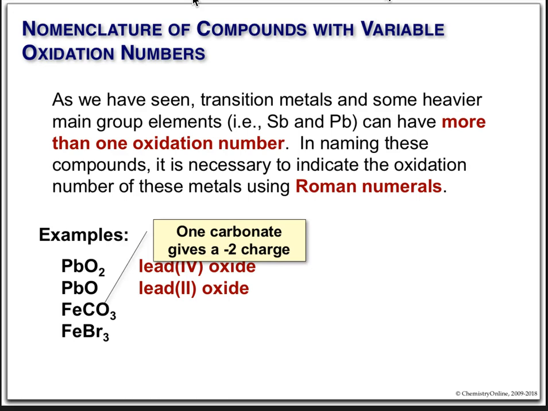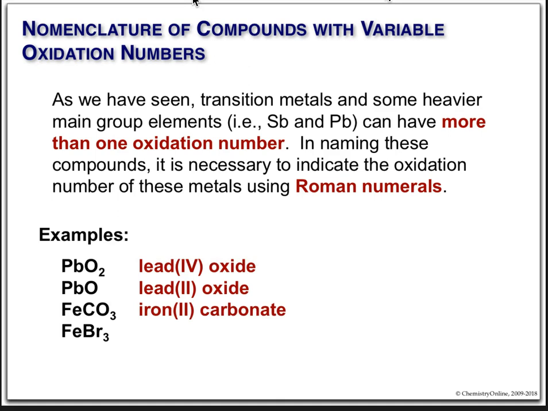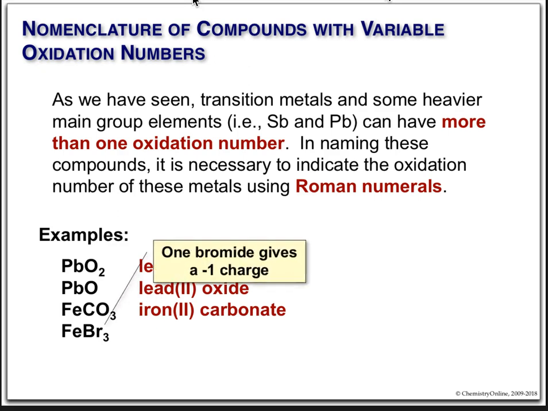Iron(II) carbonate. And finally, bromine is a halogen. It's in group 7. It will always be -1. We have 3 of them. That's 3 negatives. The iron here must be +3. Iron(III) bromide.